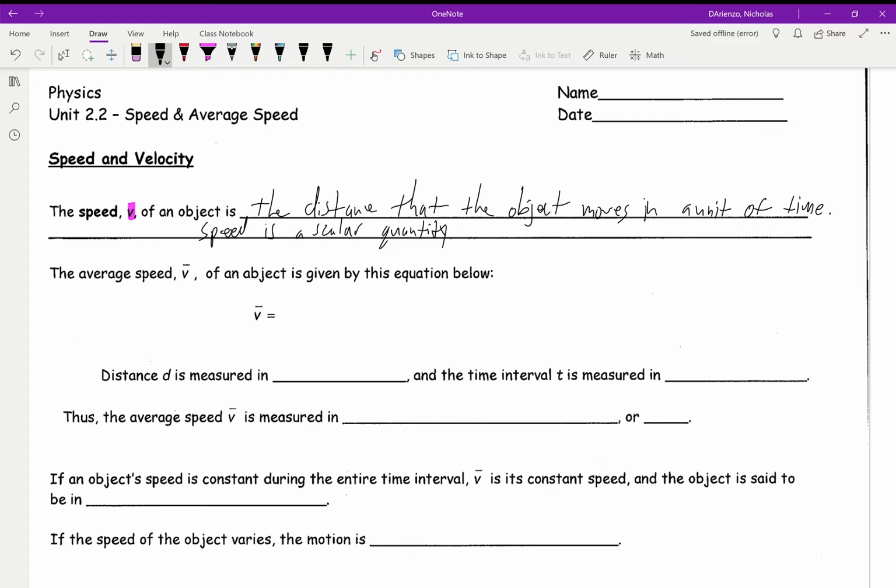The average speed, which we designate by v bar, it's got the little bar above the top here, is given by the equation d over t, where we measure the distance, or we'll learn it can also be displacement. It's measured in meters, our standard unit, and time interval measured in seconds.